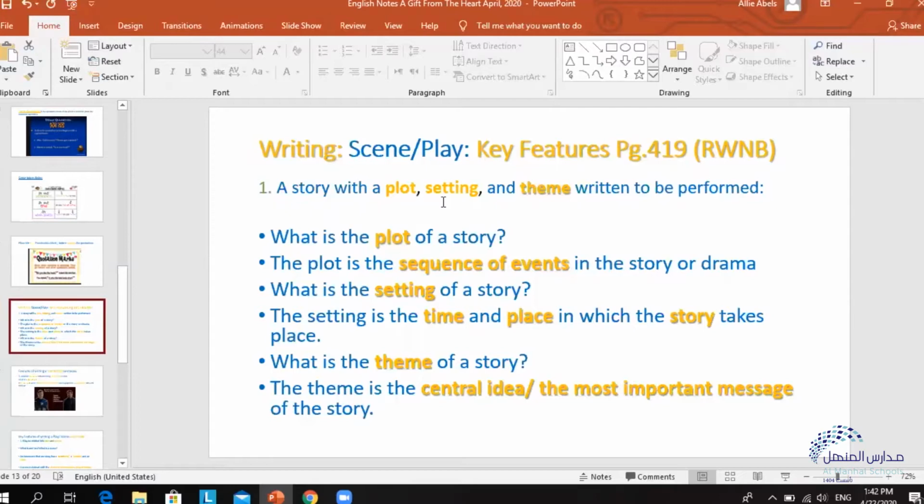If you work together and you show brotherhood and you show love, you can overcome that. That is the underlying theme of a story. So when we write a scene, we need to have written a story which includes a plot, a setting, and a theme. That's the very first point of writing a play.